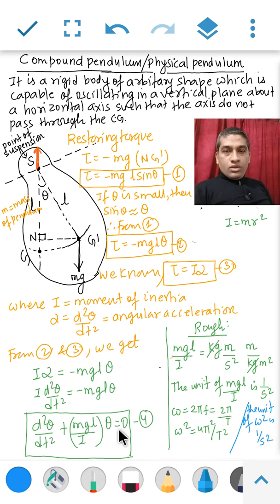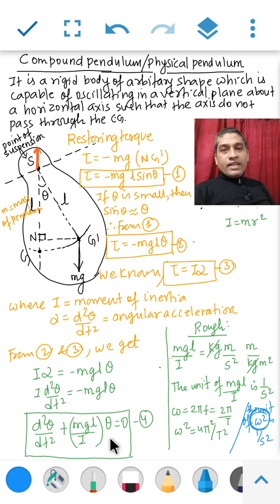So this ratio has the same unit as that of omega square, so we can replace this ratio by omega square.